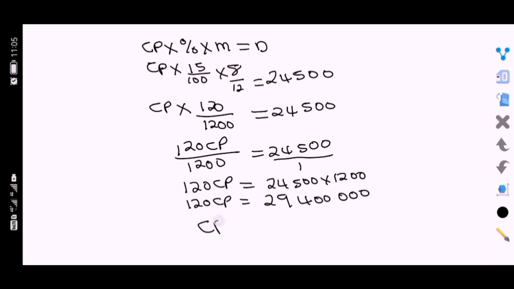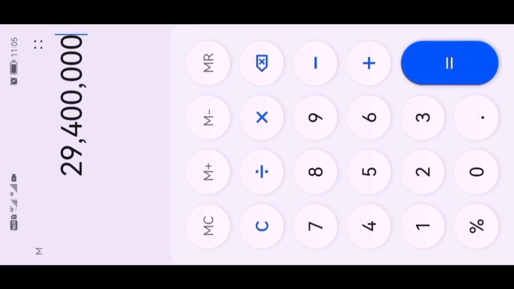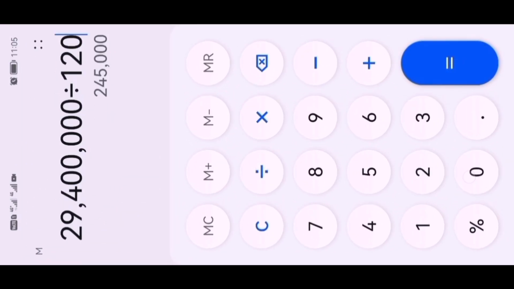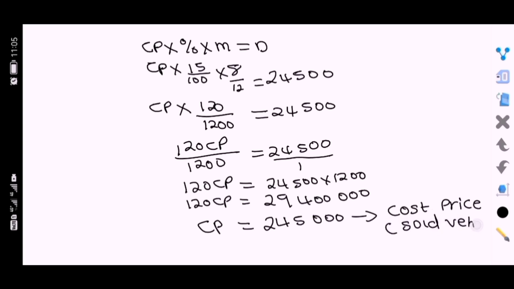So we're going to have CP is equal to this amount divided by 120, which is 245,000. So this is the cost price of the sold vehicle.